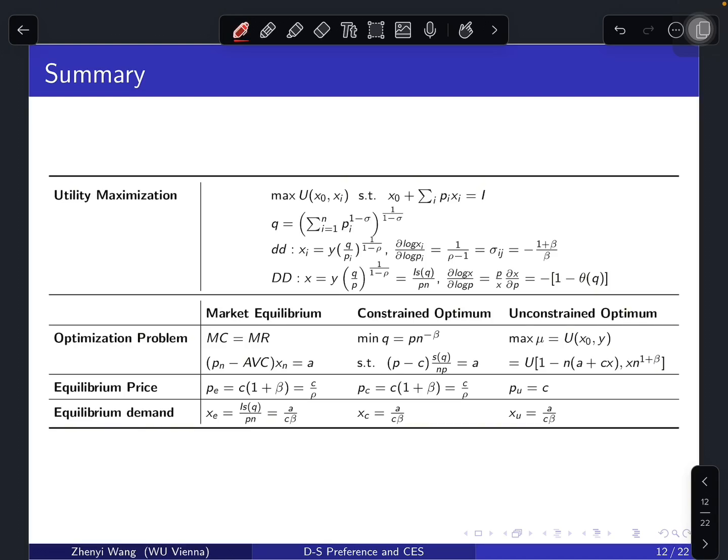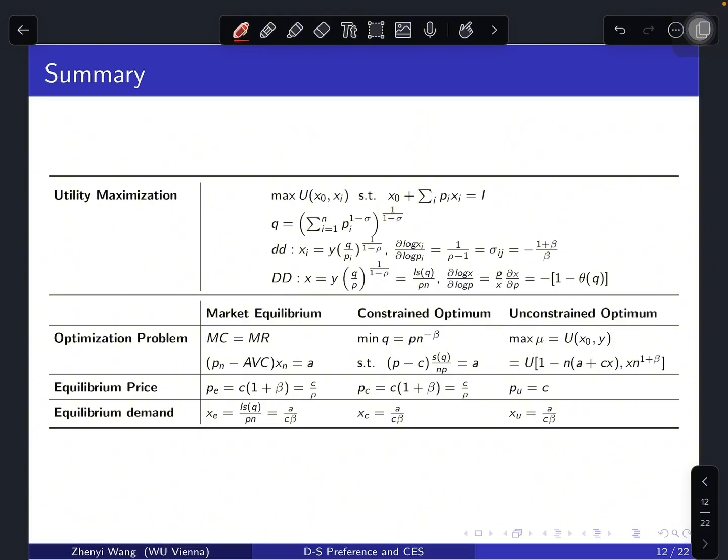Under the constrained optimum, they combine the utility maximization, which is equivalent to the aggregate price level minimization problem, with the firms' entry and exit equilibrium condition. And we could find that the equilibrium price under the first two scenarios is the same.